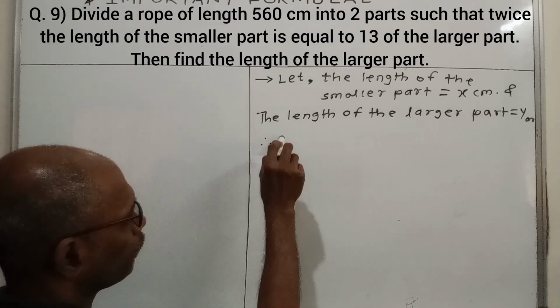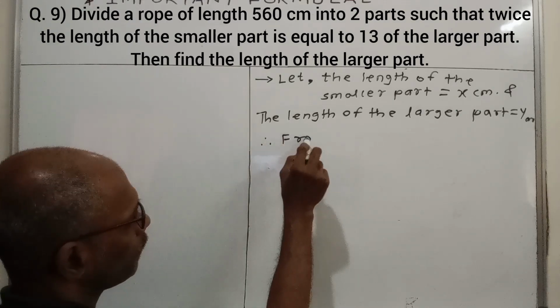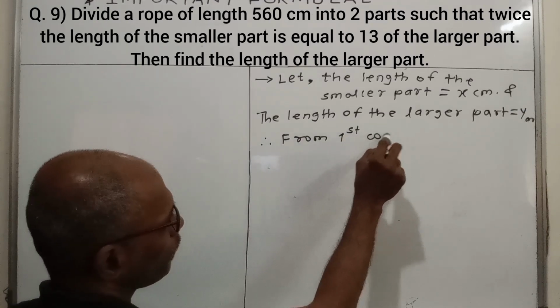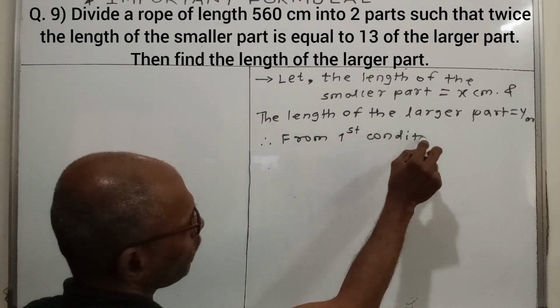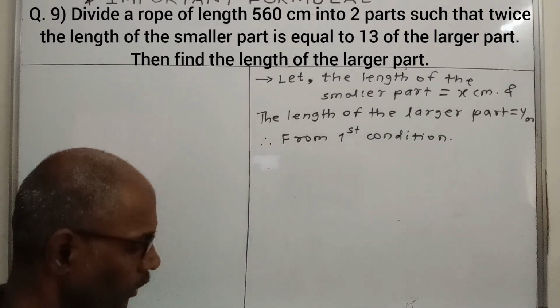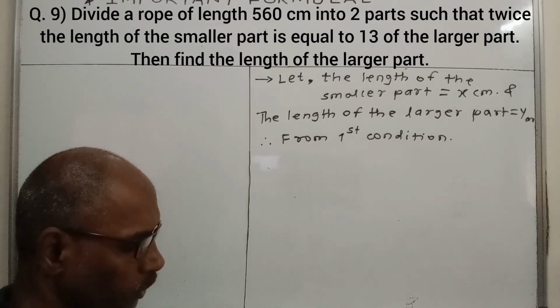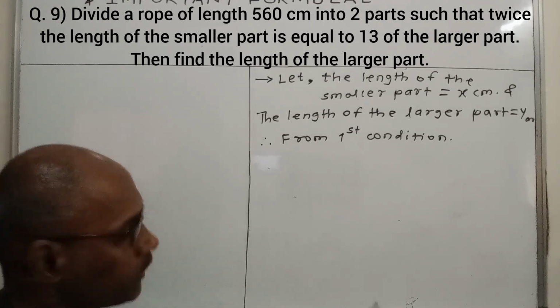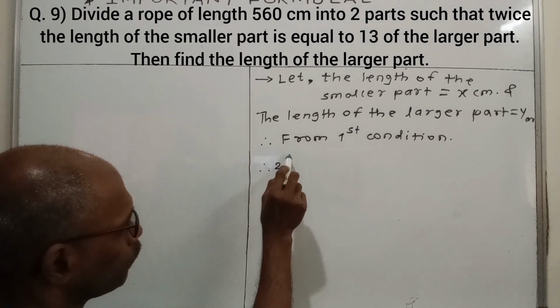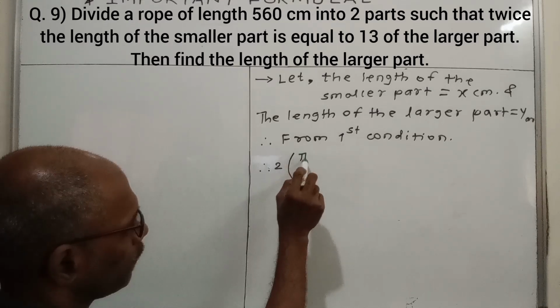Therefore, from the first condition, twice the length of the smaller part. Twice means two.